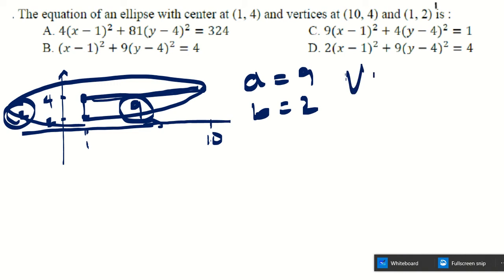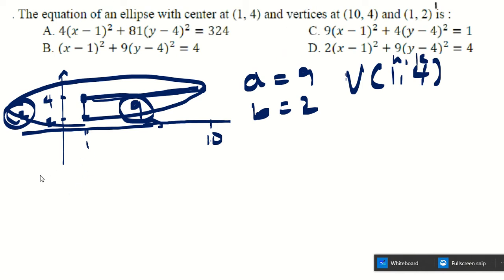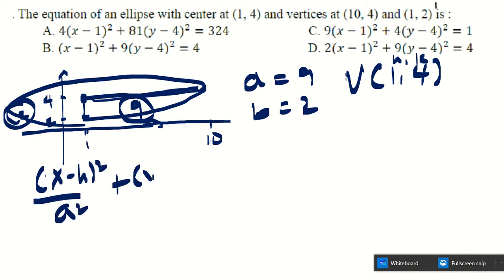And the center is given to us as (1,4). That is (h, k), what we call it. So the equation of an ellipse is normally, for a horizontal ellipse, (x minus h) the whole squared over a squared, plus (y minus k) the whole squared over b squared, equals 1.